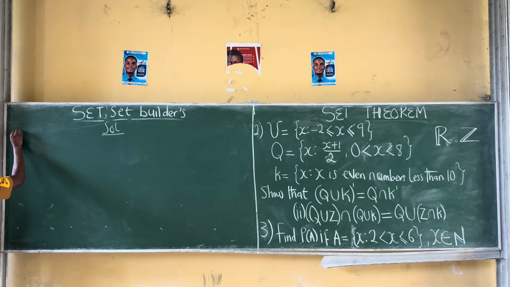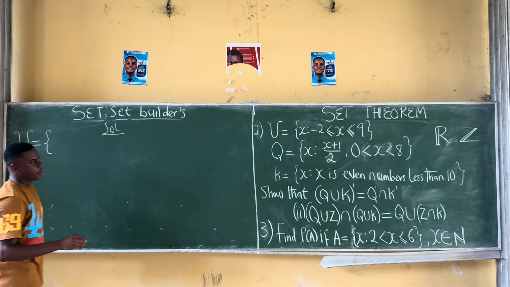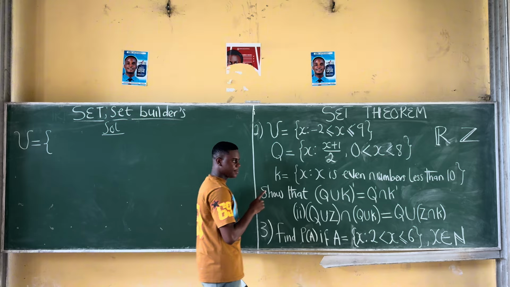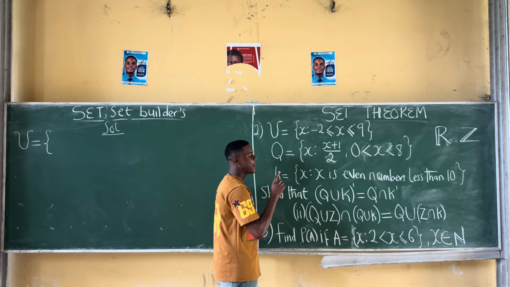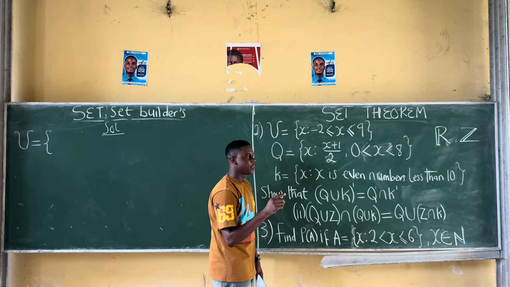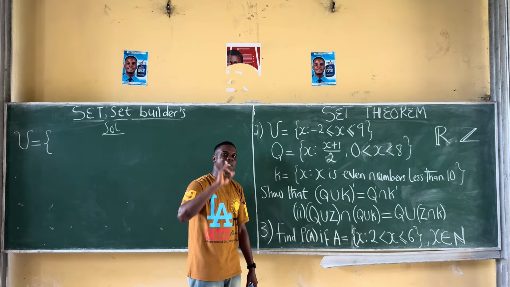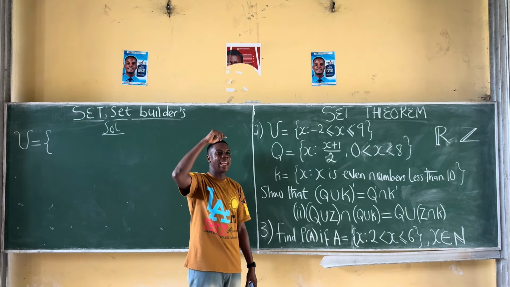So U is equal to X, such that minus 2 is less than or equal to X. What does that mean? Minus 2 is less than or equal to X. What are the numbers less than X?